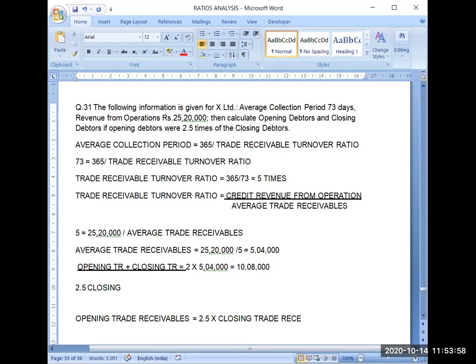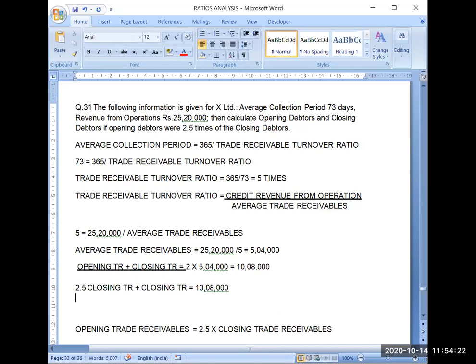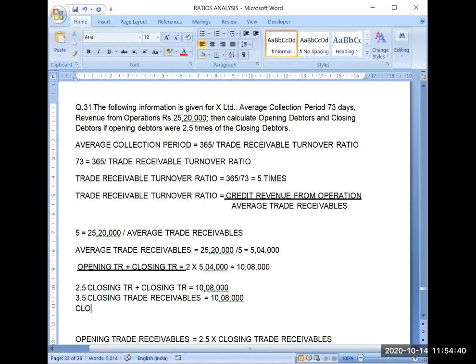So 2.5 closing trade receivables plus closing trade receivables is equal to 10 lakh 8,000. So it will become 3.5 closing trade receivables is equal to 10 lakh 8,000.